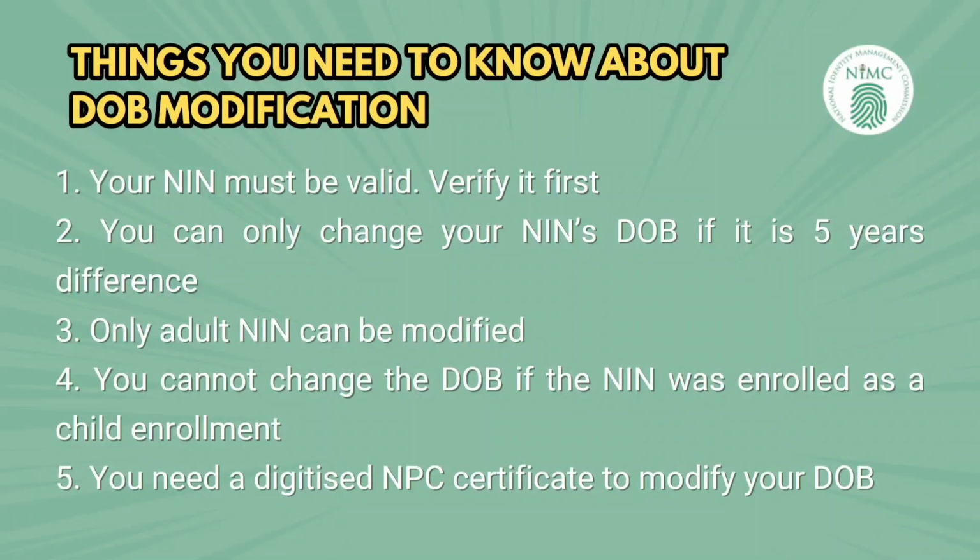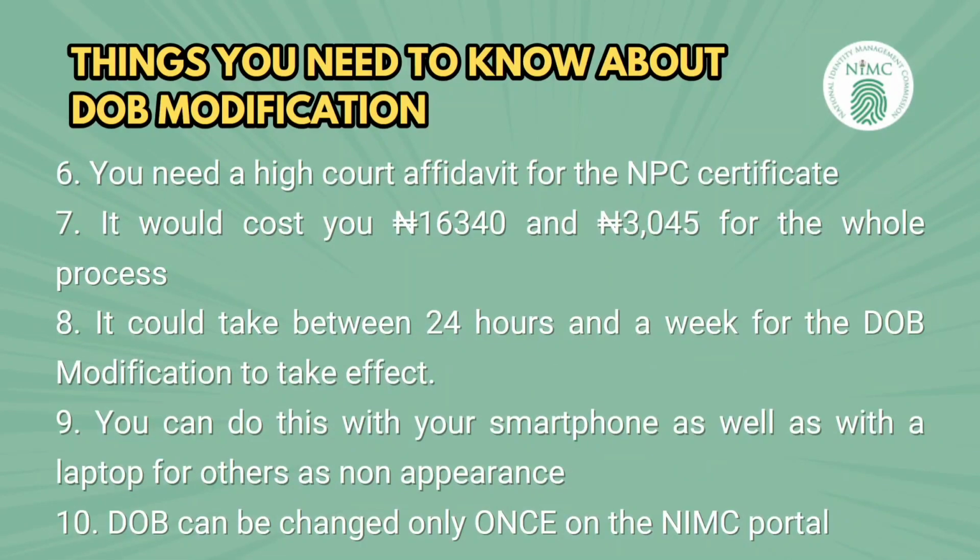Next, number 6, you need a high court affidavit for the NPC certificate. Before you do DOB modification, you need the NPC certificate. However, before you can do the NPC DOB and birth attestation, you need a high court affidavit.